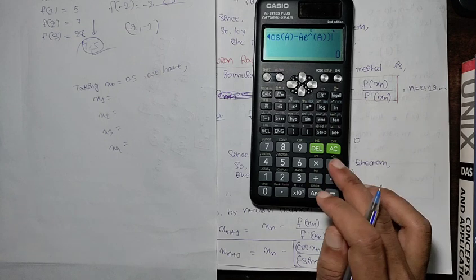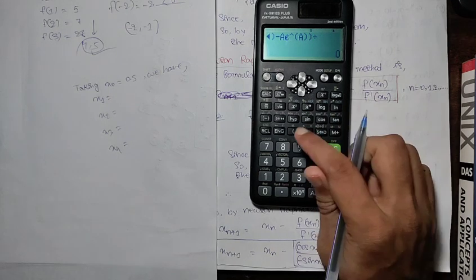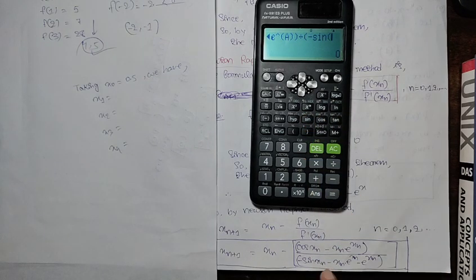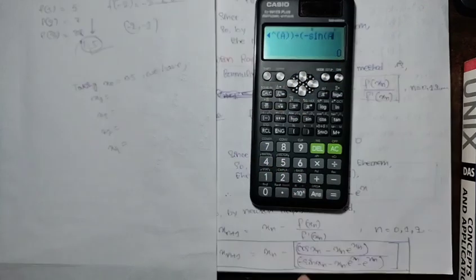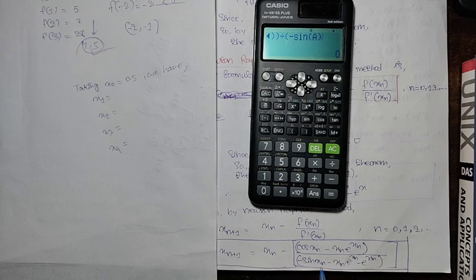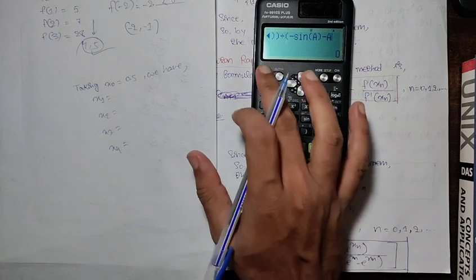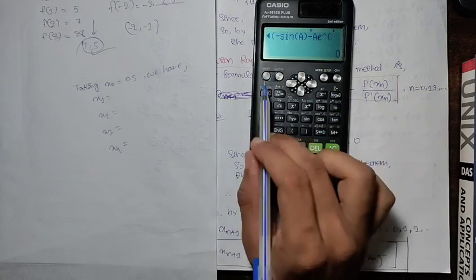Then put a division. Then start the parenthesis, then minus sin xn. Xn is alpha a, so put alpha a. Then close the bracket, then sin xn is complete. Then put a minus here, then again xn, so alpha a, e to the power, Shift e to the power, Shift ln.